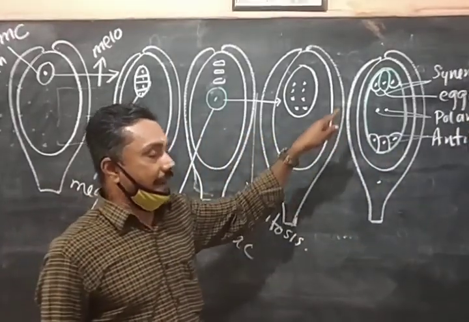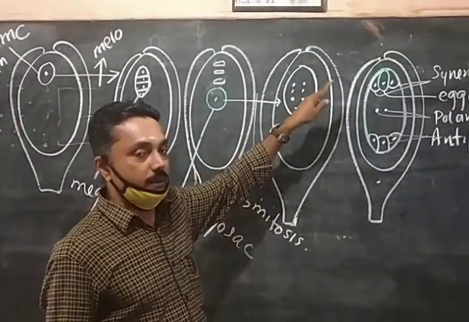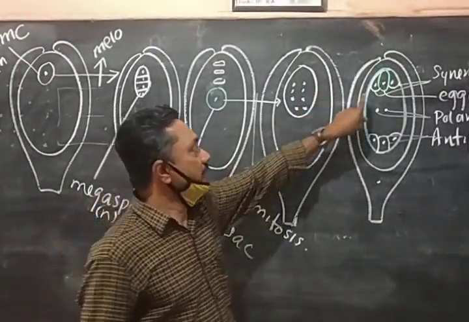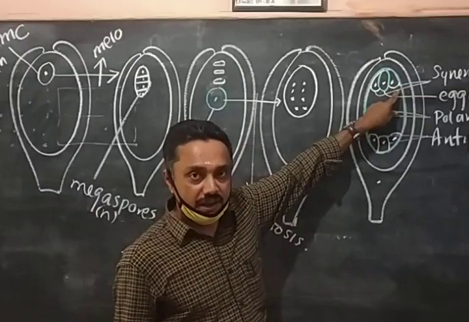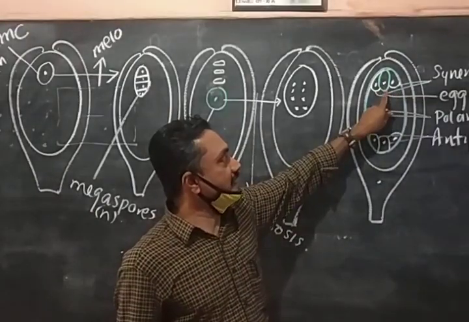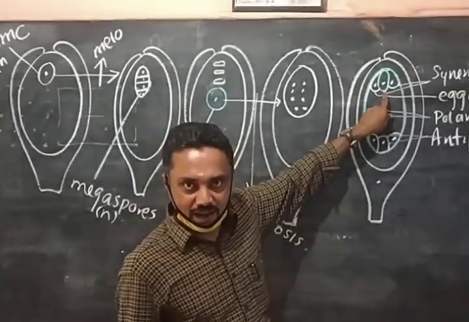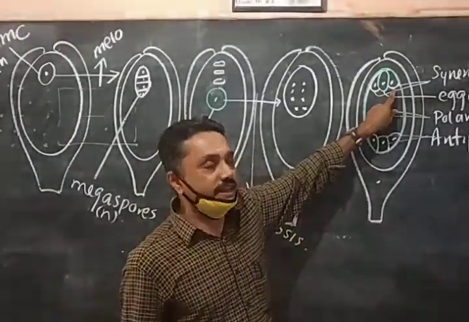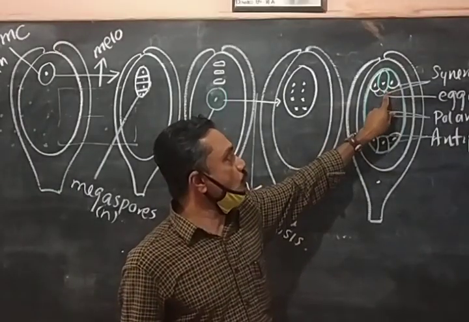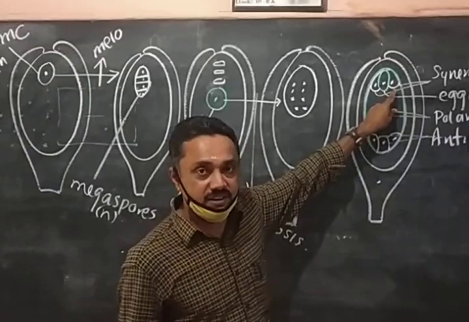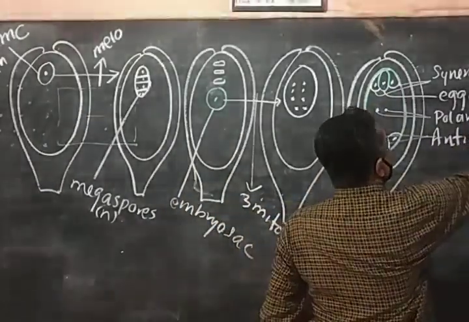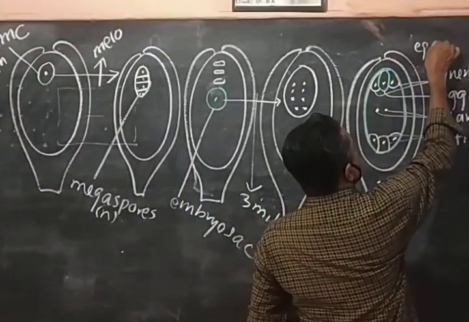Of the 8 nuclei, 3 are arranged at the micropylar end, and of that, the central cell is called the egg cell or female gamete. The side cells on either side are called synergids. So one egg cell and two synergids are together called the egg apparatus.